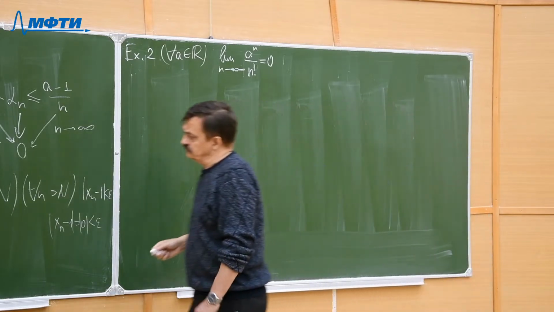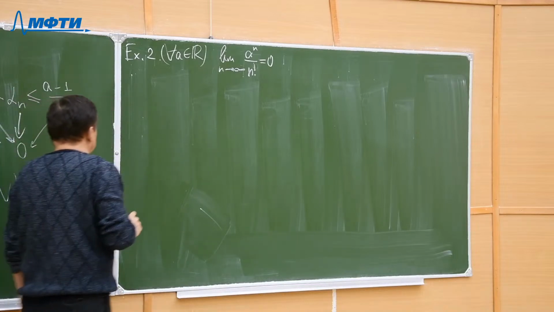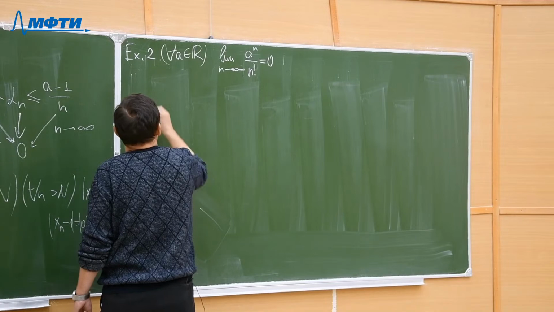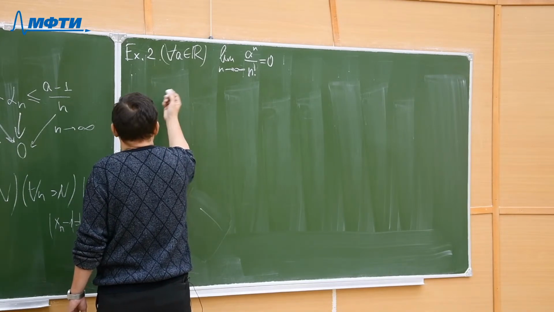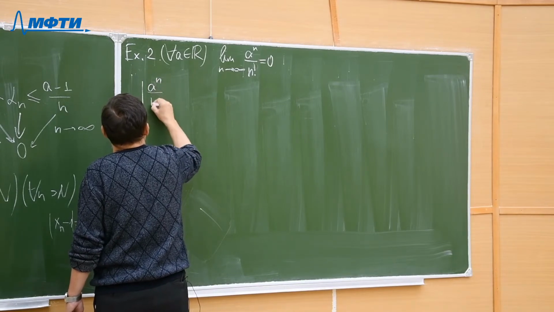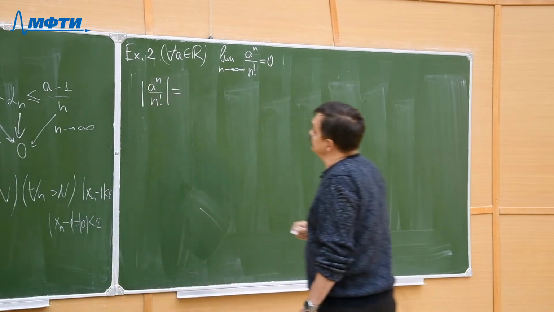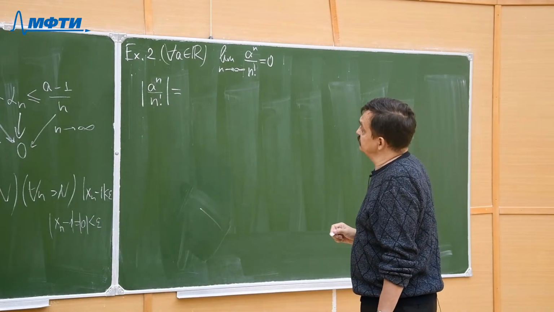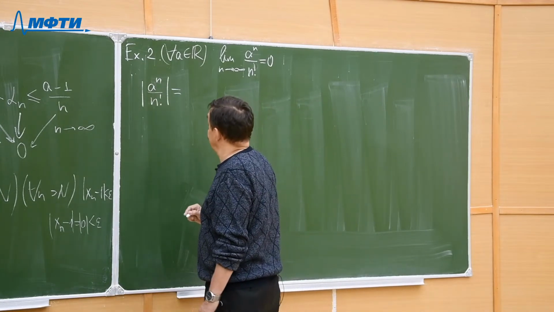So how may we write members of our sequence in modulus? So modulus of a power n over n factorial. Let's consider the modulus of members of our sequence.